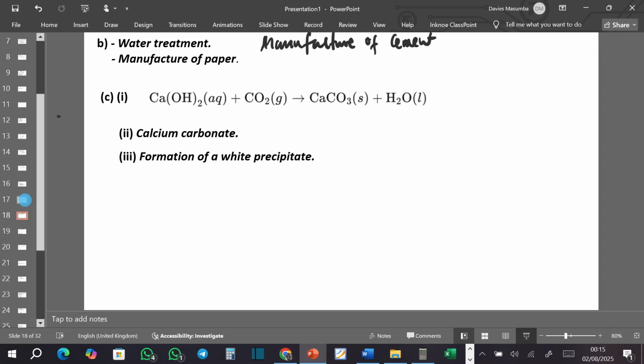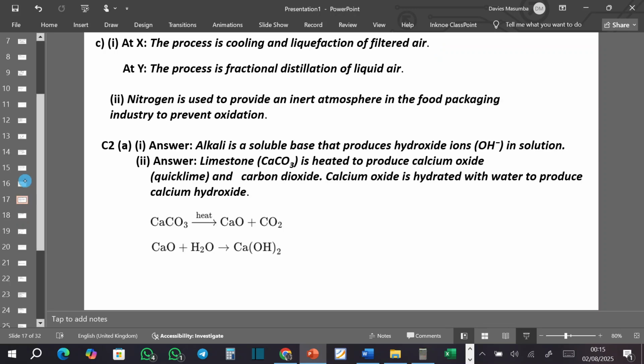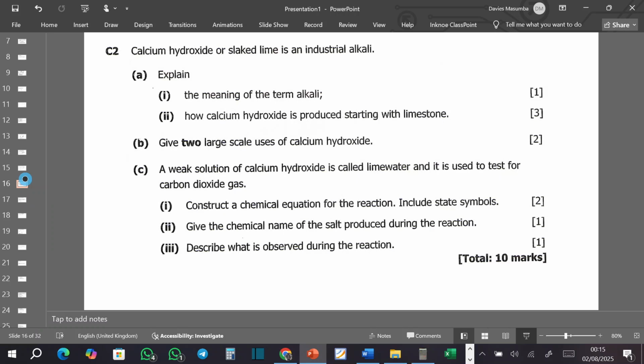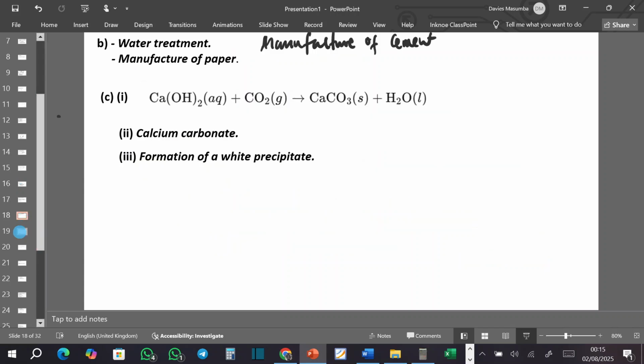So now we get back to the same. A weak solution of calcium hydroxide is called lime water, and it is used to test for carbon dioxide gas. Construct a chemical equation for the reaction. Include state symbols. So this is the reaction of calcium hydroxide and carbon dioxide.